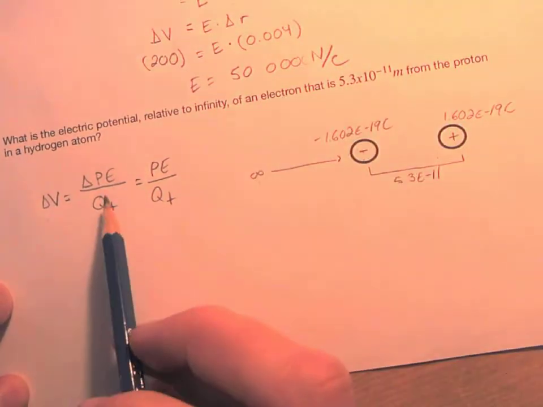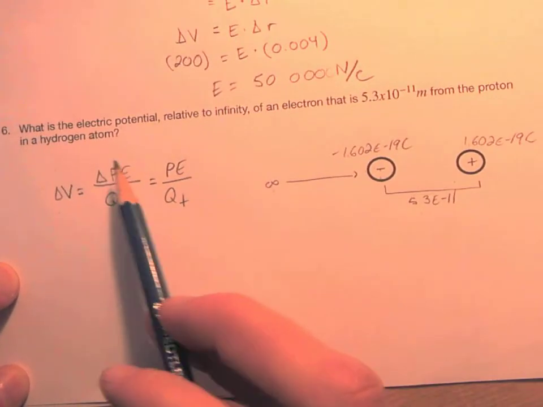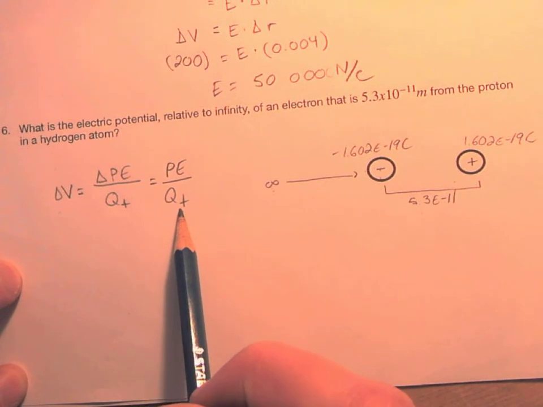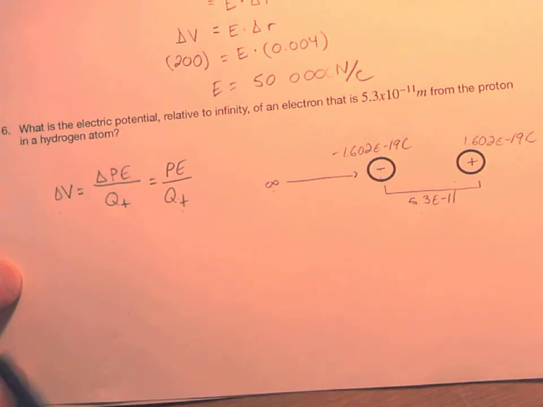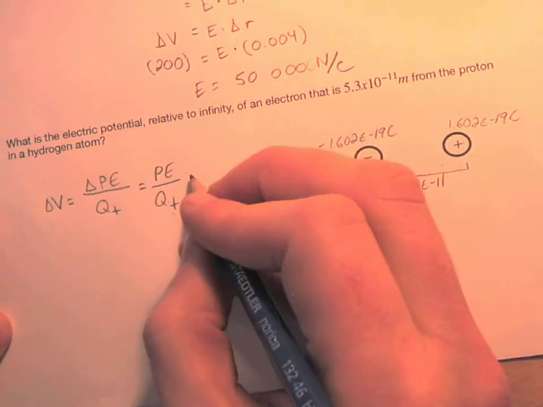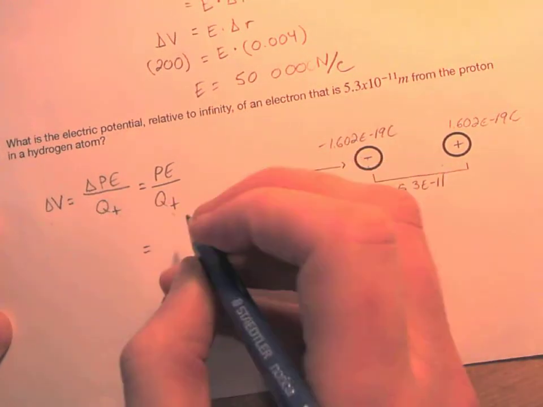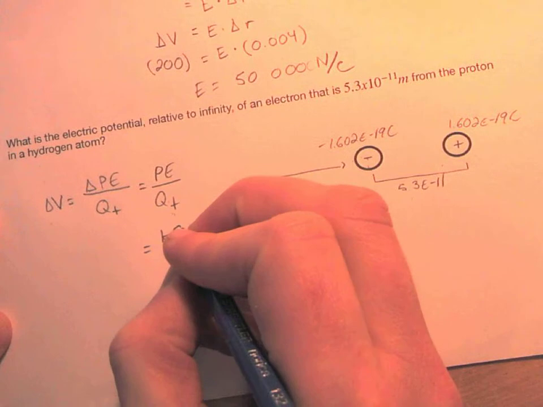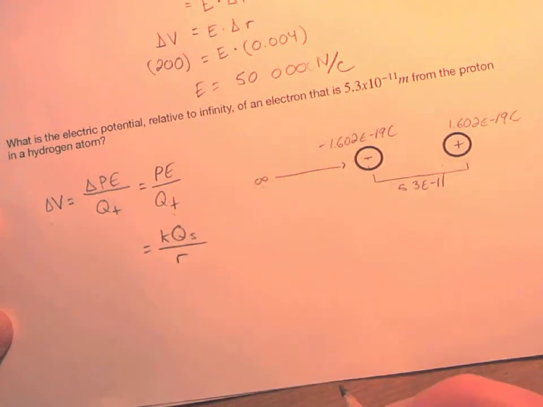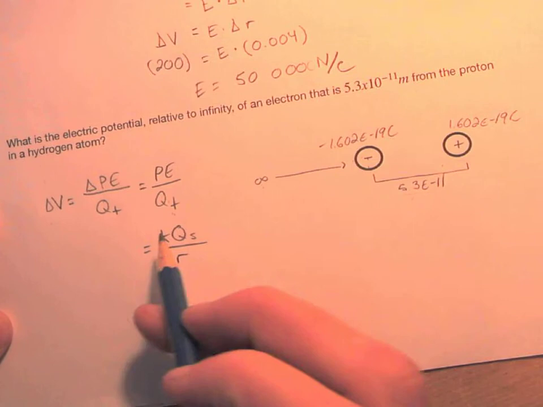Do we have any potential energy values or Q charges? Yeah, we have a test charge, but do we have a potential energy value? We don't. So we're going to use the other formula for volts, which is K Q source charge over the distance between them, because we know we have a distance between them.